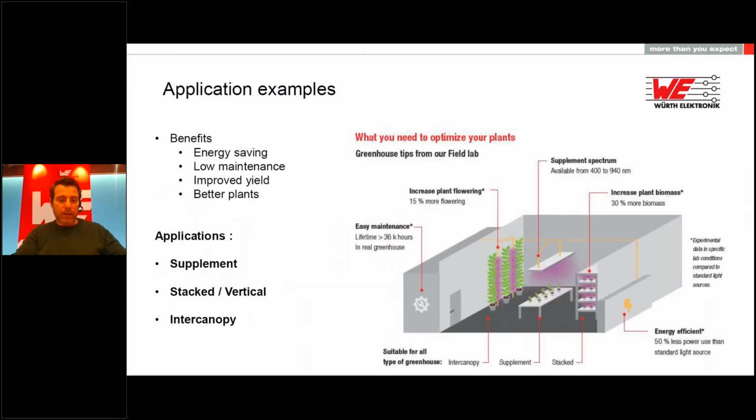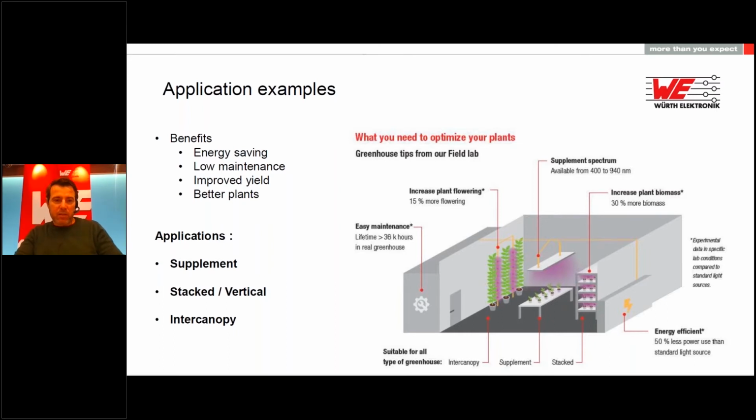But where and how can we set this up? This is the typical application that you will find, a schematic greenhouse in our view. Of course, you see the main benefits here.